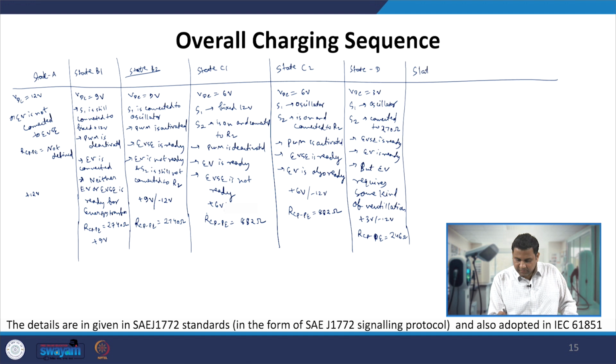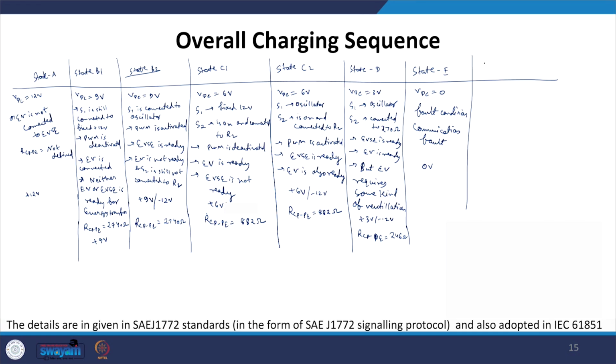Then quickly we will write state E as well. Here we have VDC equal to 0, a fault condition which has occurred. You can say some communication fault. Here we have just 0 volt coming in, there is no PWM coming there.